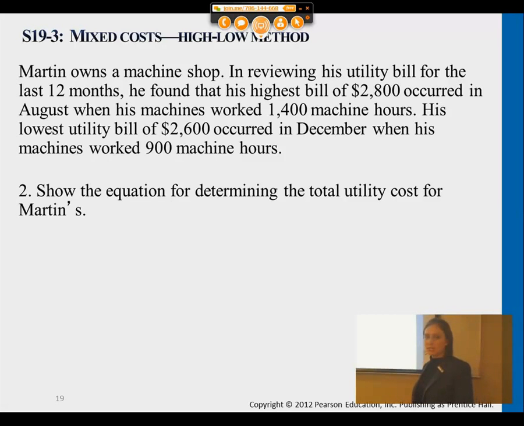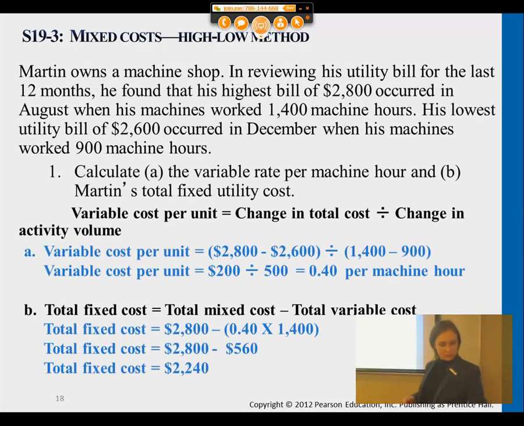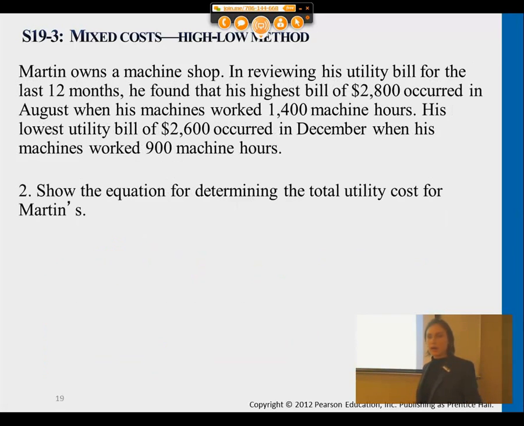So we just said that to calculate the variable cost, we know it's 40 cents per machine hour. And we also know our fixed cost right now, right? Yes. We have the fixed cost, we have the variable cost per unit. So somehow we need to put these numbers together and get the total cost. Okay?